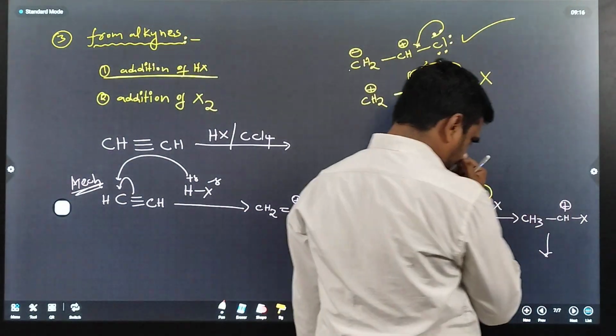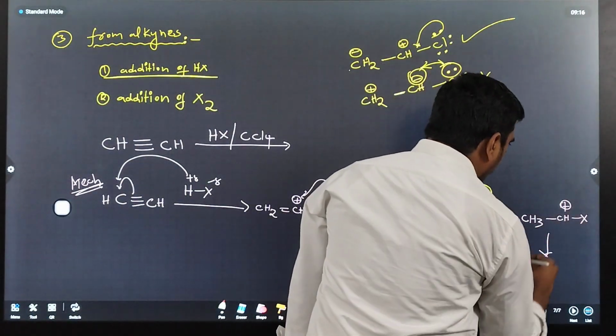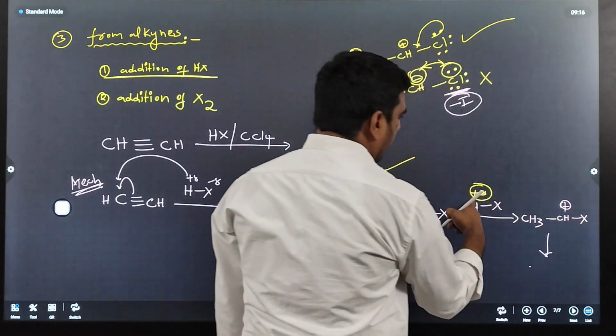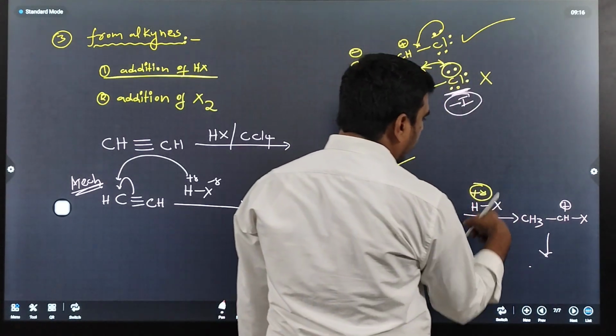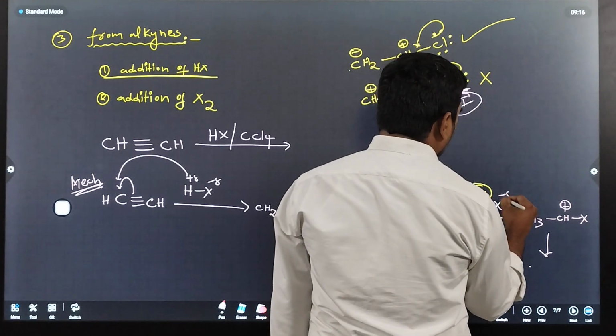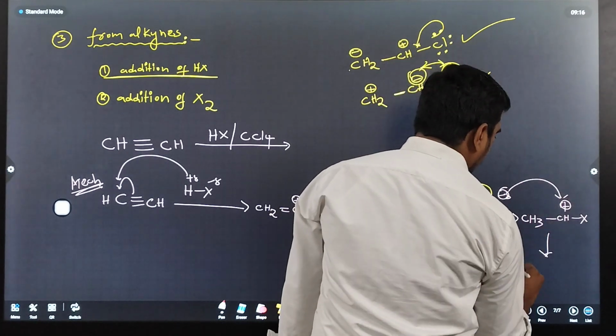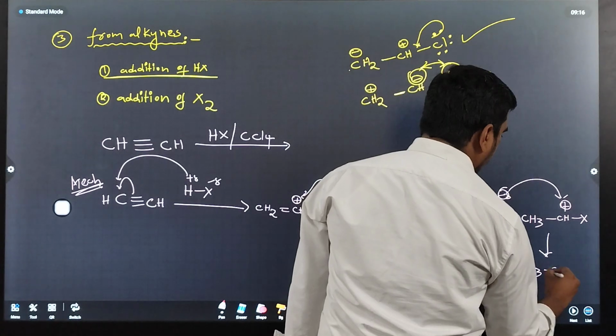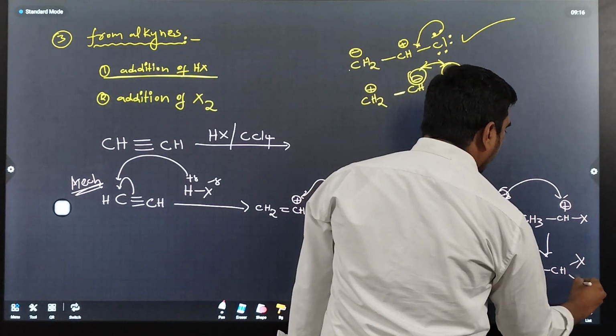So here the H plus ion attacks, and the remaining X minus attacks here. So we get CH3, CH, X and X.